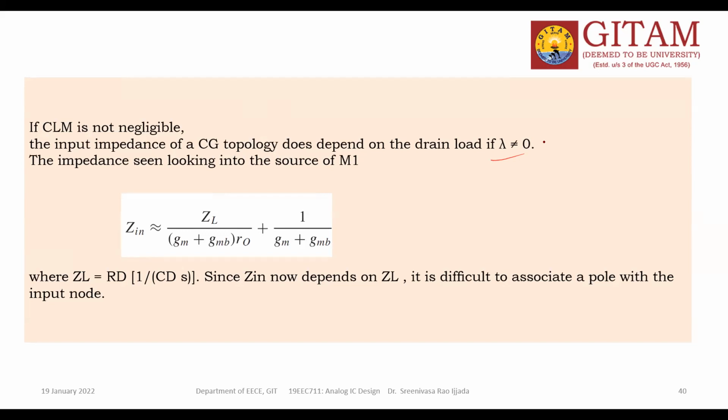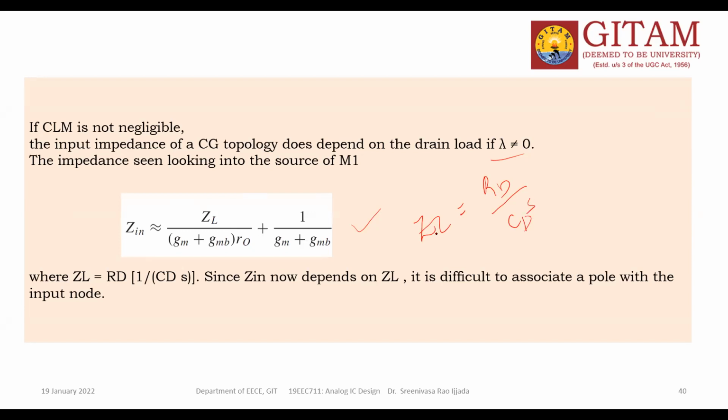This is the input impedance of M1 when we are looking into the source. What is ZL? Here ZL, the load impedance, is RD in parallel with 1 by CDS.